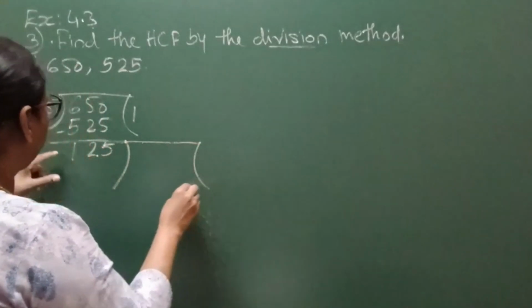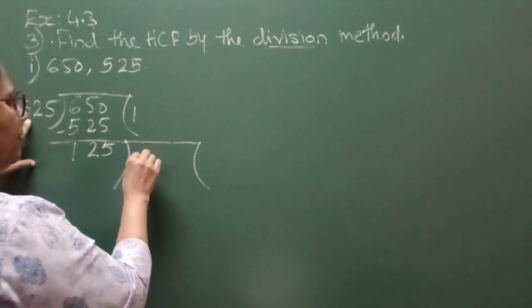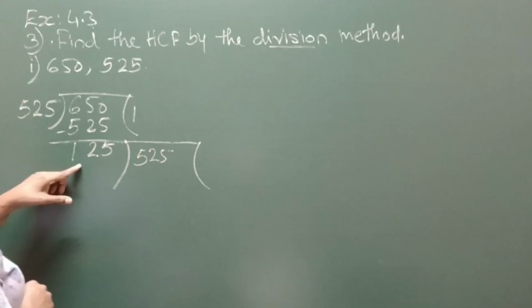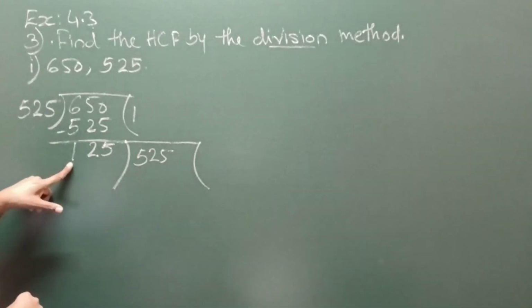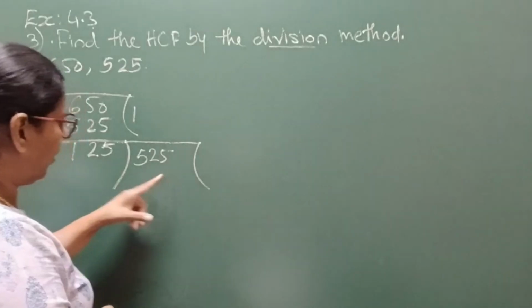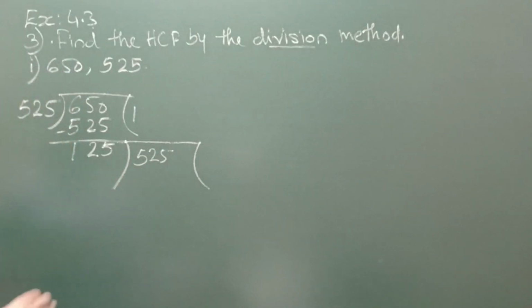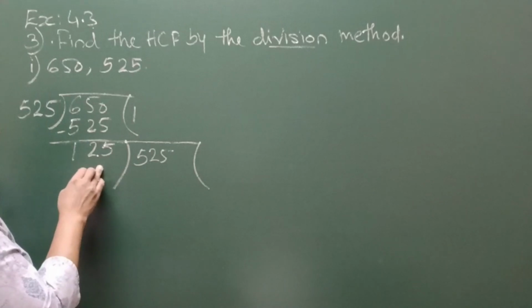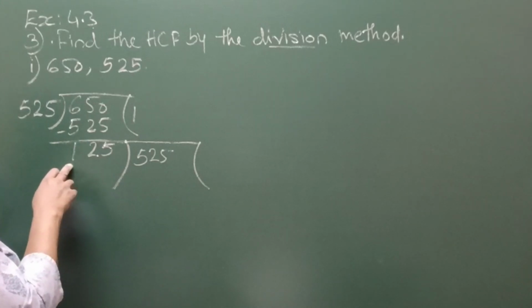And the dividend will be the previous divisor, that is 525. This is 125 and this is 525. What we have to do when you do not know the table for this bigger number is take the first digit.